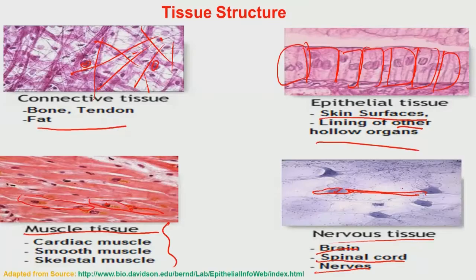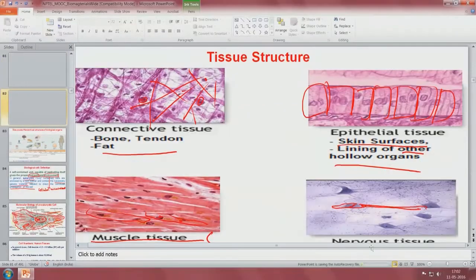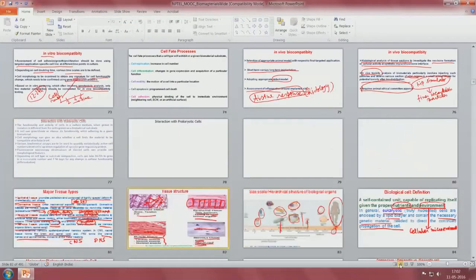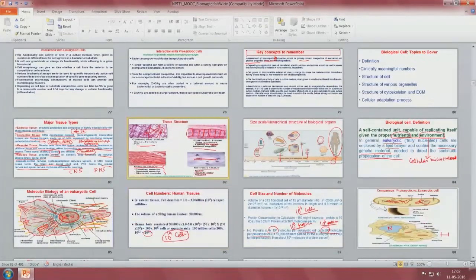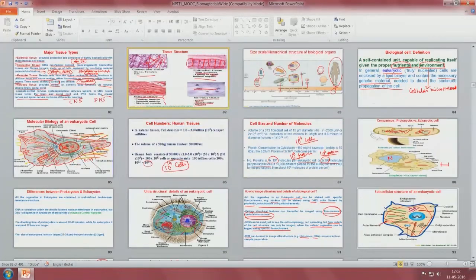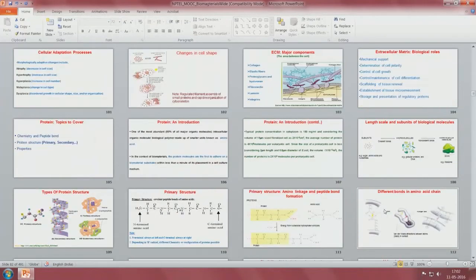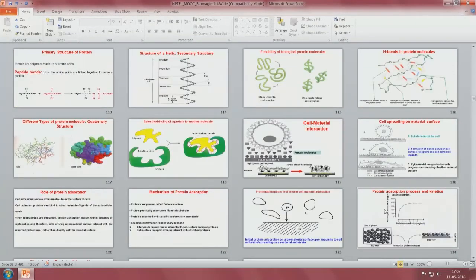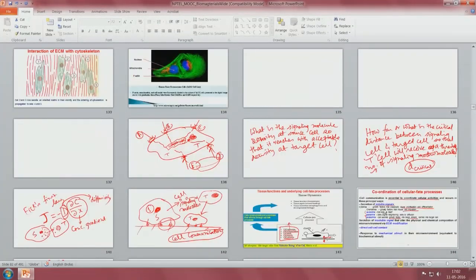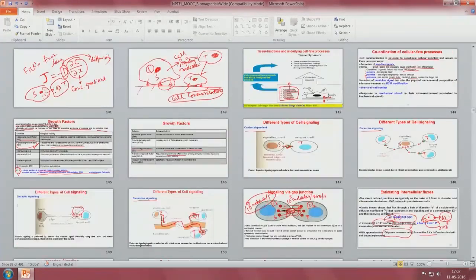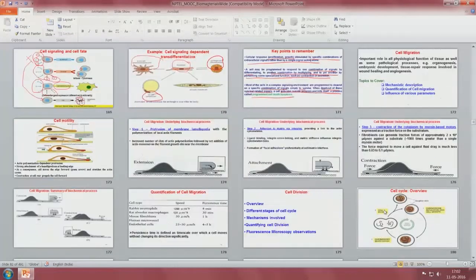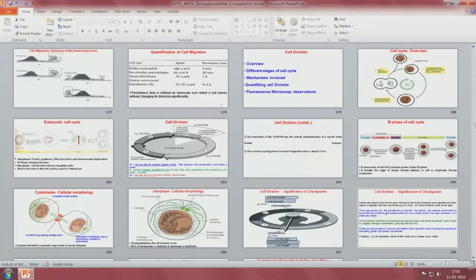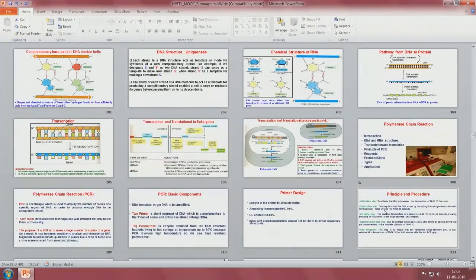Now, let us focus our discussion more on the bone structure. So, now that we have revisited the different tissue types and how their structures are different, let me focus the rest of the discussion on the structure of one of the hard tissues, that is the bone.